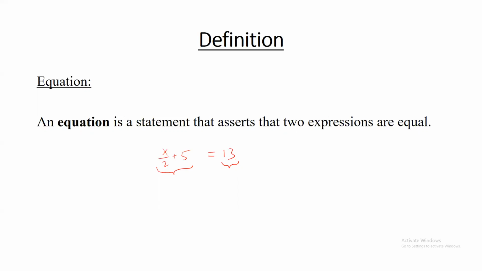Now, why is it important? Well, it's important because if two expressions start out equaling each other, as long as you change them both in the same way, they're going to stay equal.